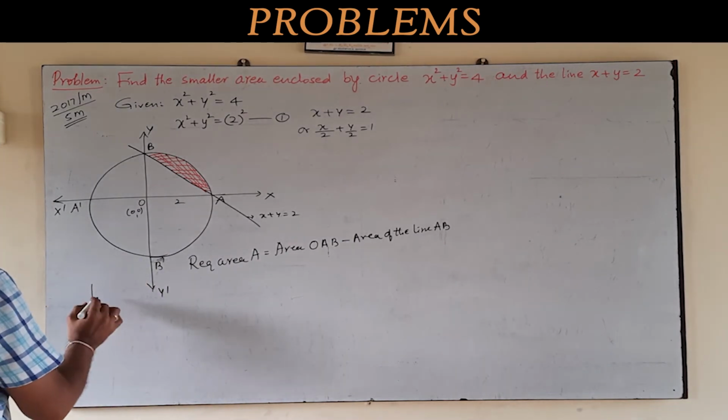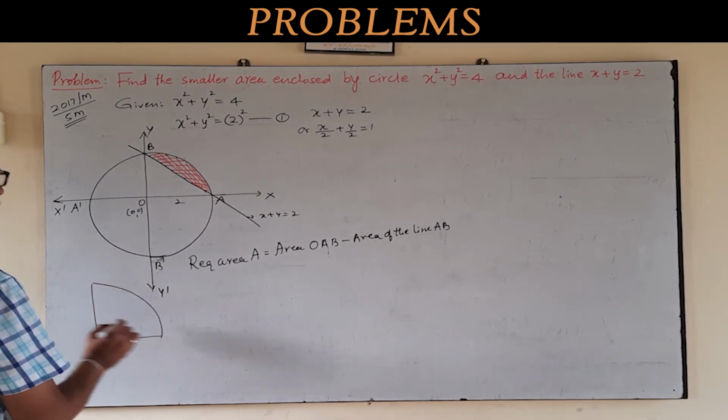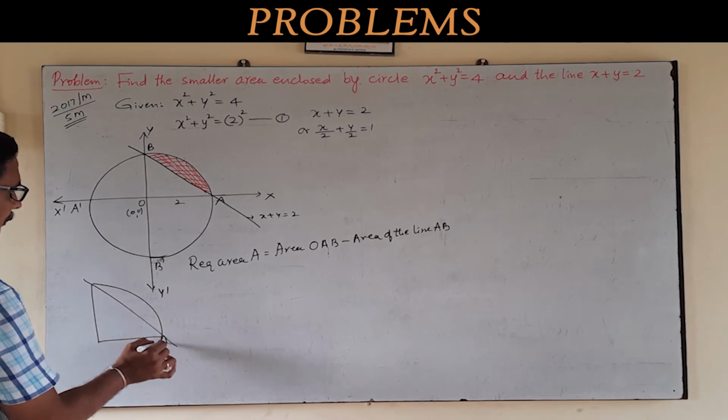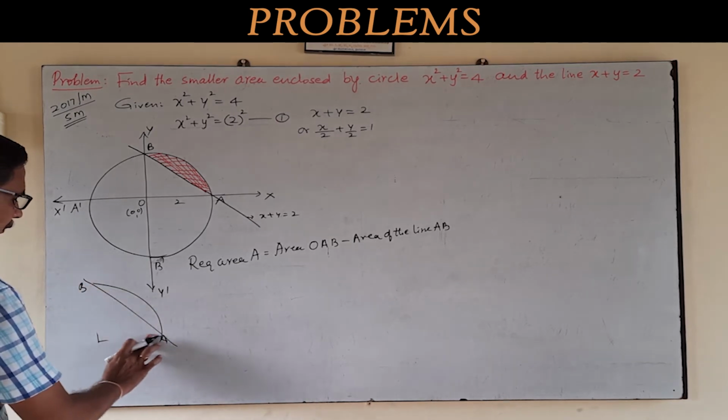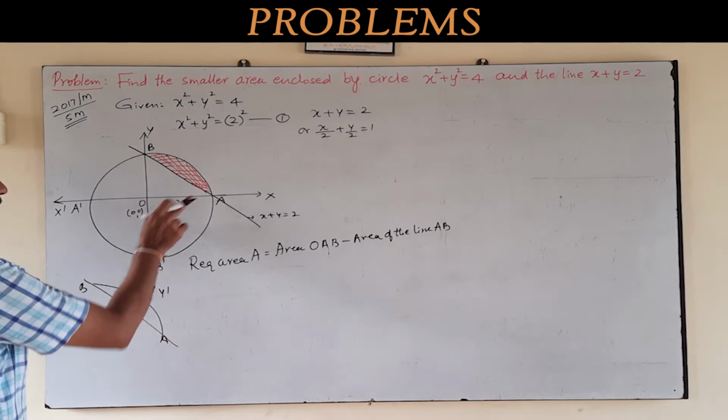Complete part won't be like this. The middle might be line AB, minus line AB, less the small part, we will get the required shaded portion.